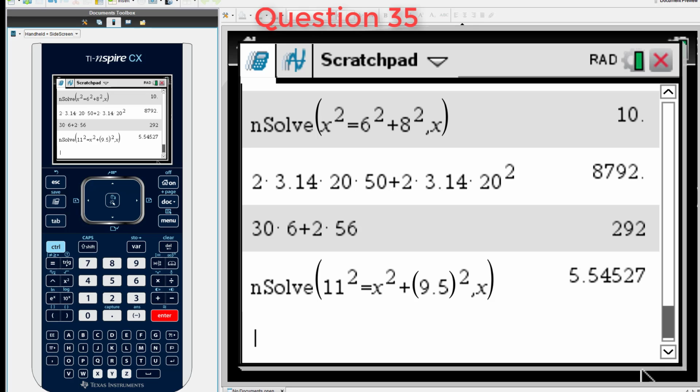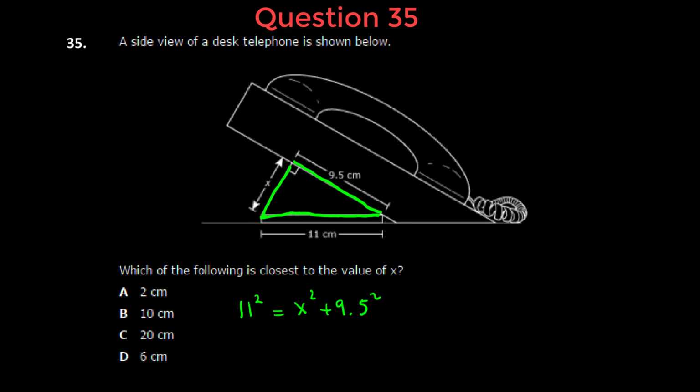Writing this equation in the initial function and solving it, we get x equals 5.55. So x is going to be approximately equal to 6 centimeters. So we will choose answer D.